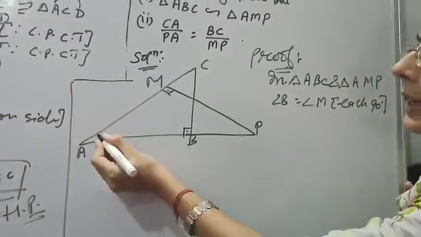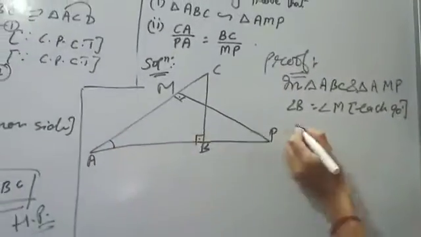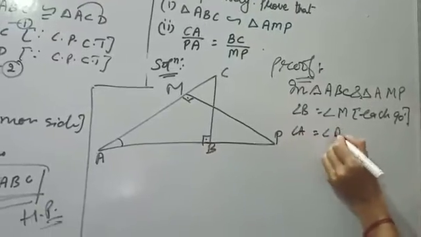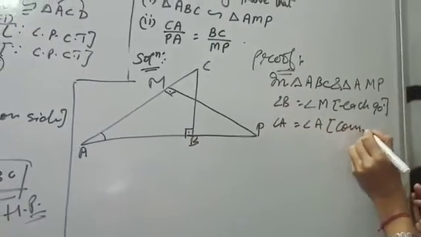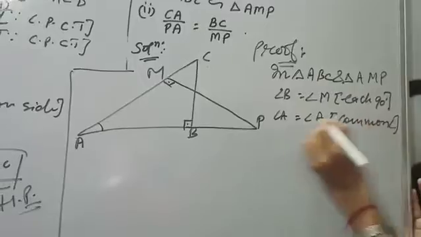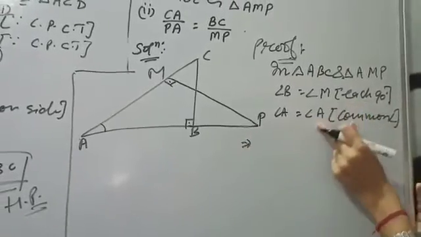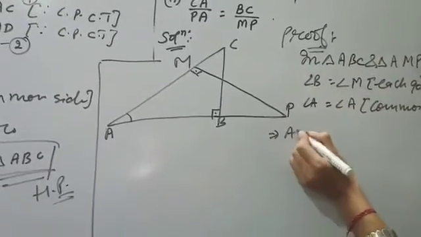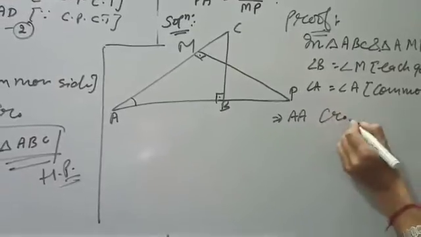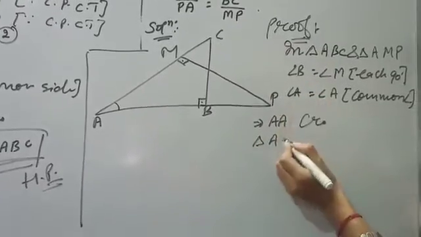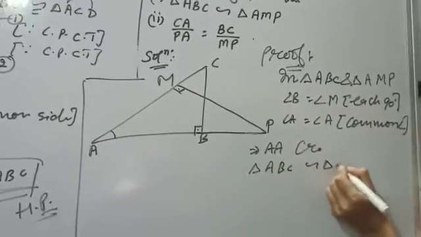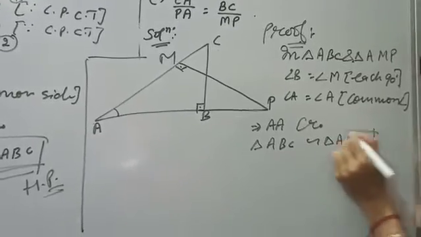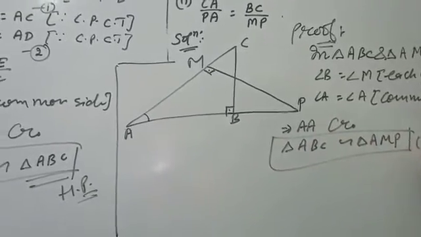And we can see here angle A is the common part between them. Then we will write angle A is equal to angle A, common angle. So, two angles we have already shown. So by angle criteria, we can say both the triangles, ABC is similar to AMP. Fine, so the first part we have proved now.